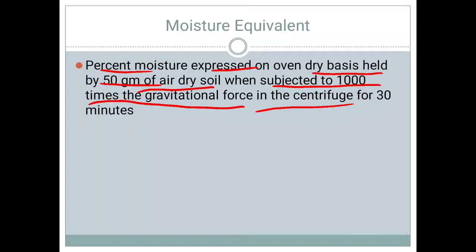A centrifuge means centrifugal machine that we sometimes use in the milk processing lab also. So in that centrifugal machine we apply 1000 times gravitational force with 50 gram of air dry soil, and whatever moisture is present at that time is called moisture equivalent. The time is 30 minutes, and at that time the pressure is approximately 1 bar, 1 atmosphere.